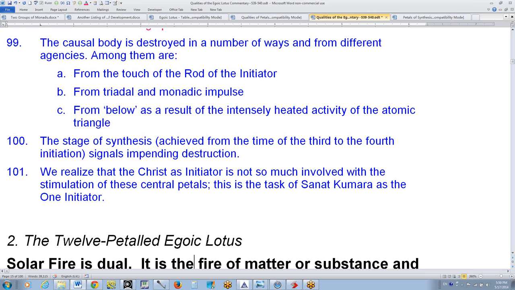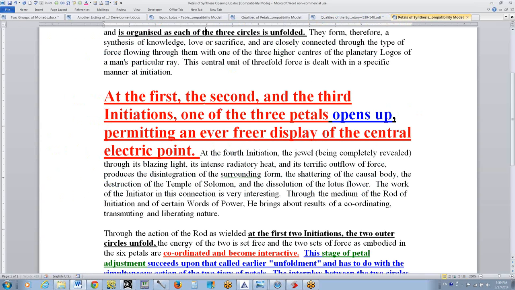So we realize that the Christ as initiator is not so much involved with the stimulation of the central petals, but they are opening up, definitely. At the first two initiations, first and second, one of the three petals opens up.